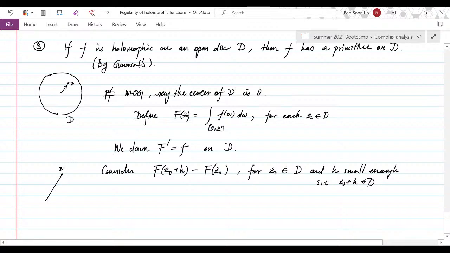This is z naught. Say this point is z naught plus h.